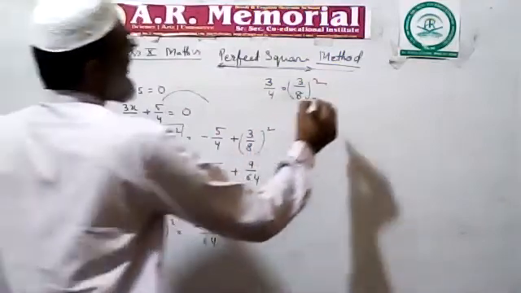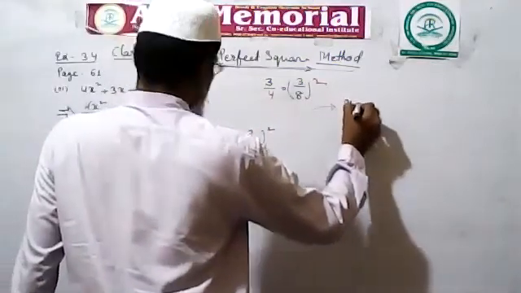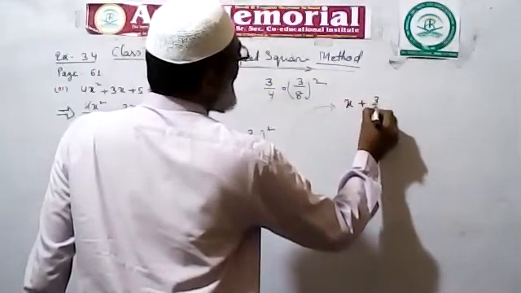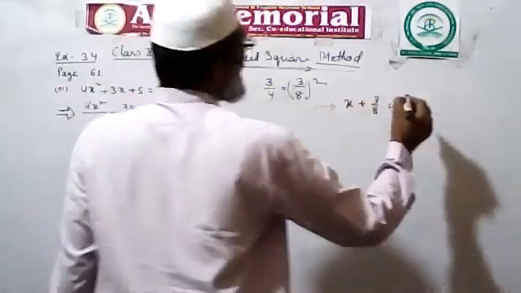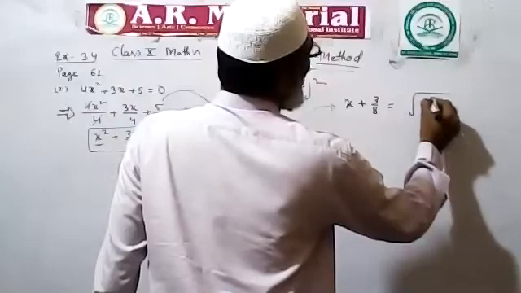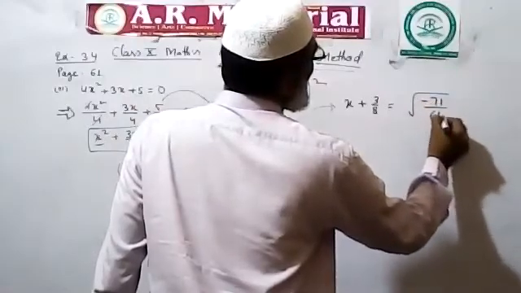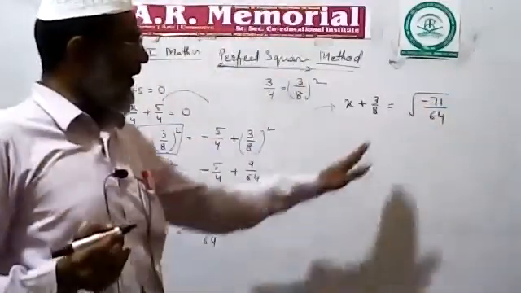Your question is x plus 3 upon 8 is equal to root of minus 71 upon 64. Students, look carefully.